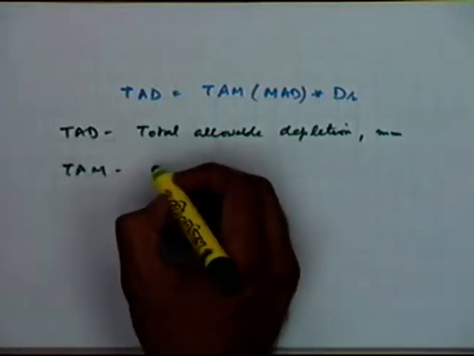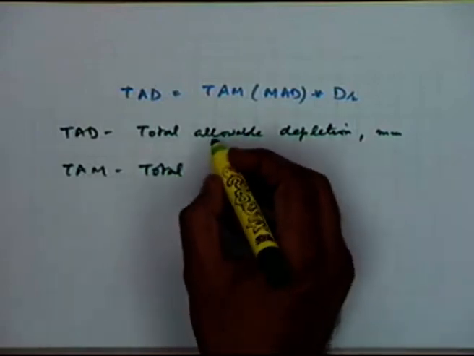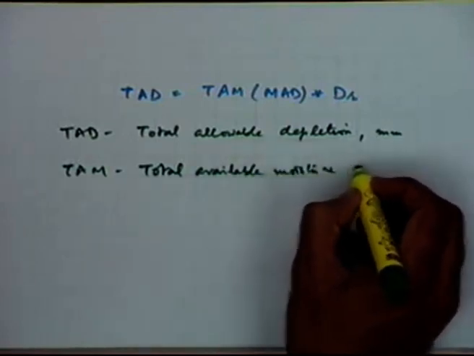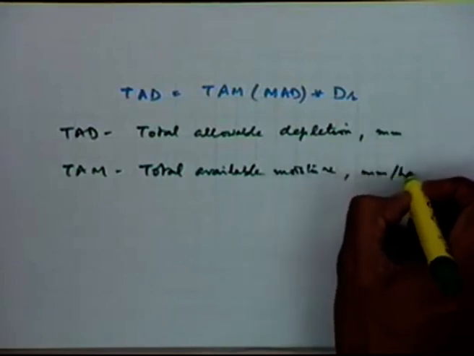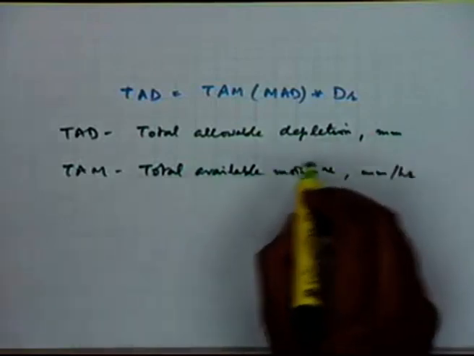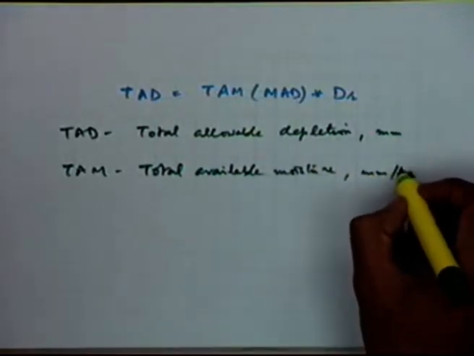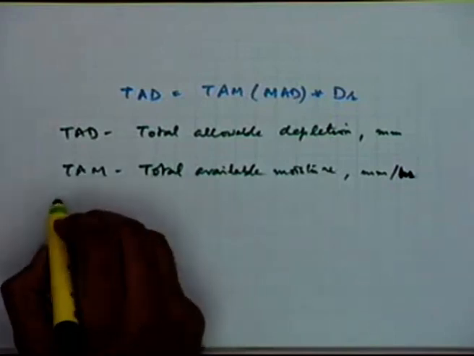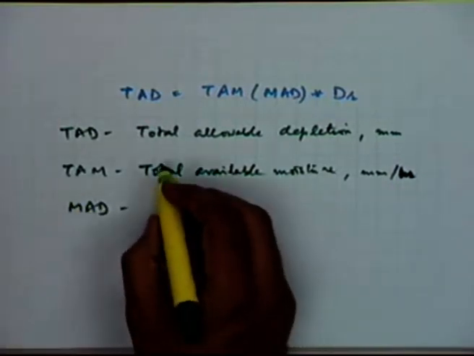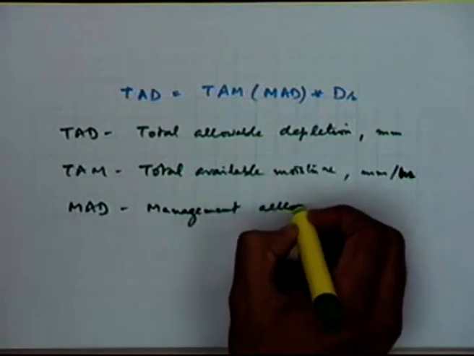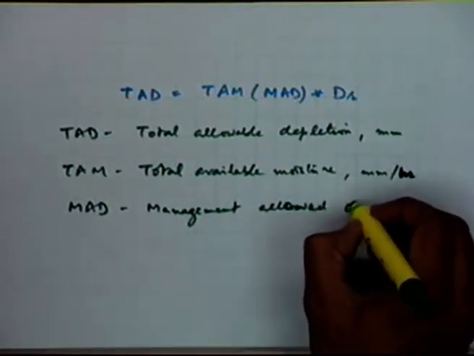TAM as the total available moisture, which is the depth per unit depth of the soil, so millimeters per meter depth of the soil, and the MAD as the management allowed depletion.